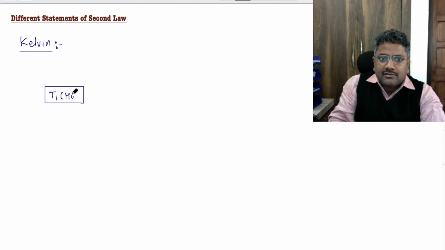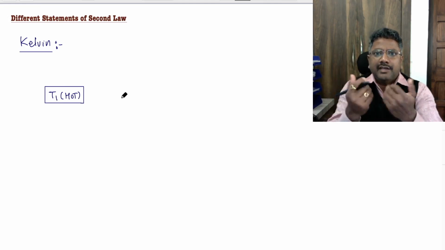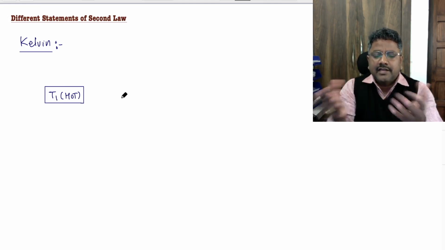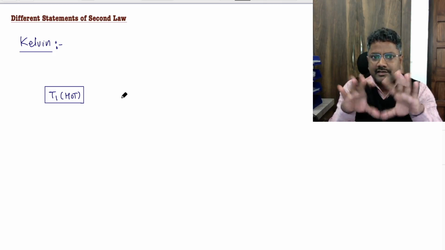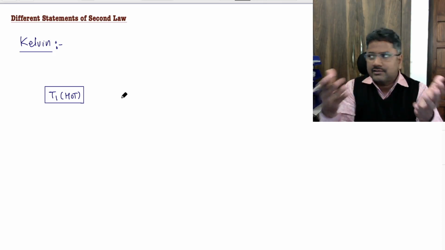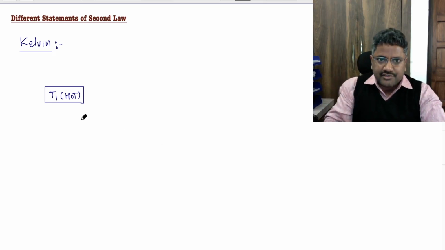It is hot, right? Reservoir means if you take some heat from that object, the temperature will not change. So a reservoir can be treated as a thermostat, of which the temperature is constant.